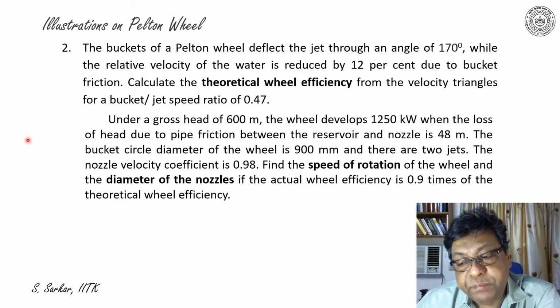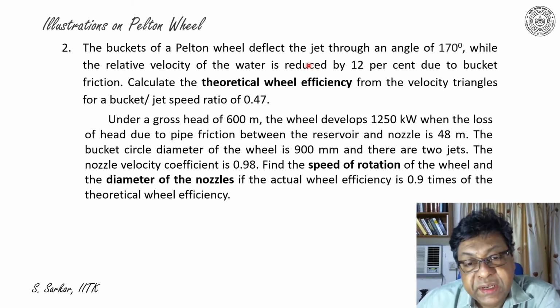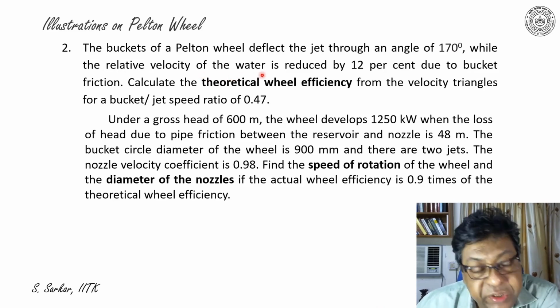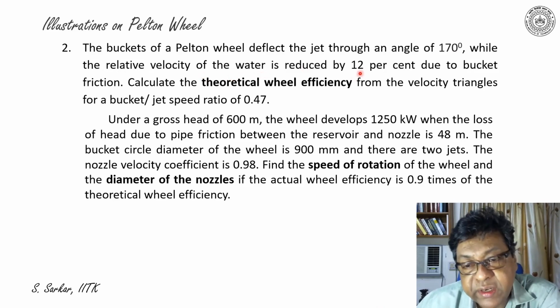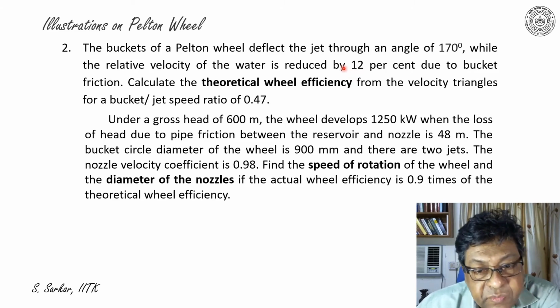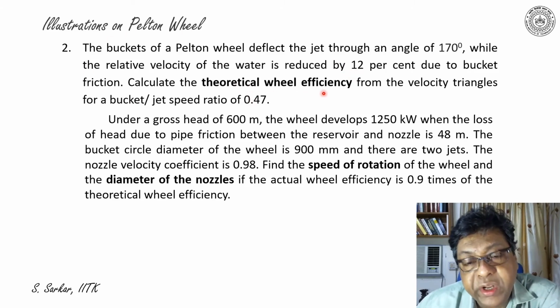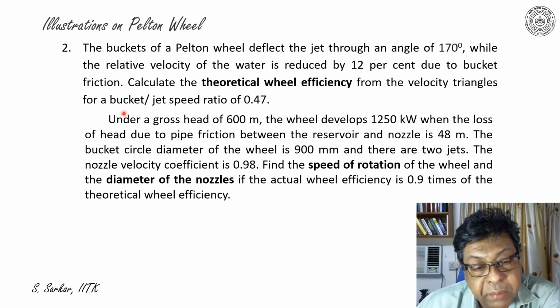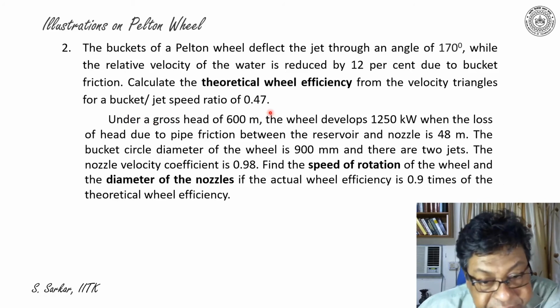The important points here are that the jet is deflected by an angle of 170 degrees and the frictional coefficient for the bucket is 0.88. So you need to calculate the theoretical wheel efficiency for a bucket to jet speed ratio of 0.47.